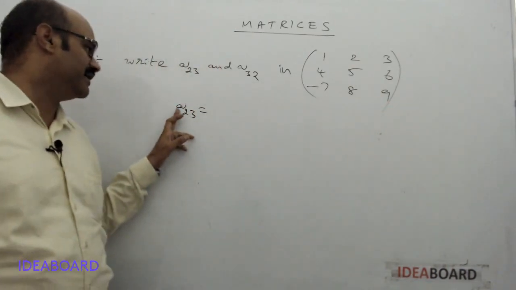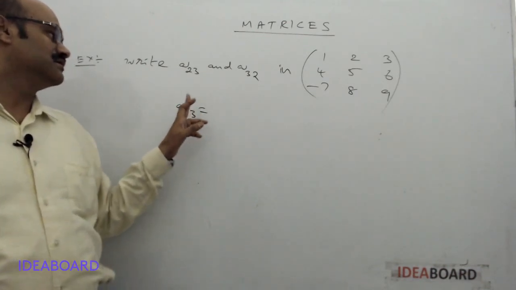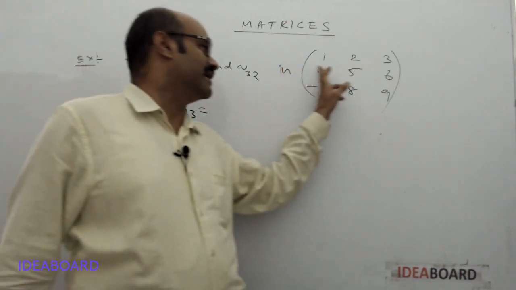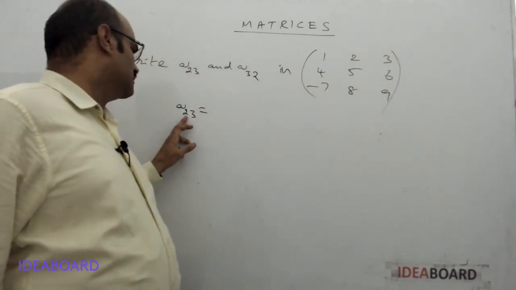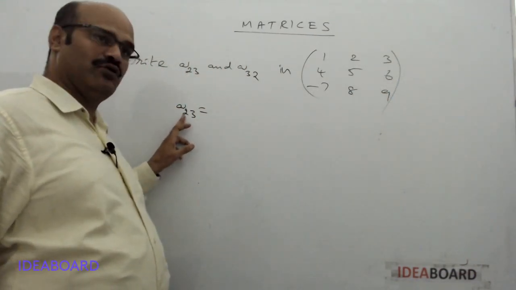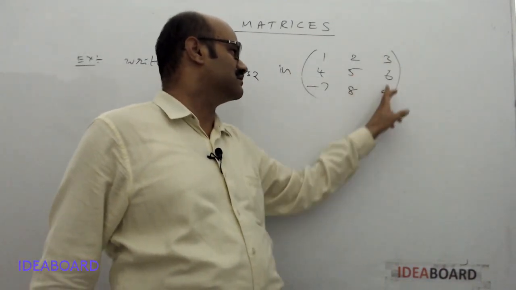We have to find the element A23. So A23 means this element lies in second row, third column. A23, this is second row and third column. Second row is this one and third column is this one.